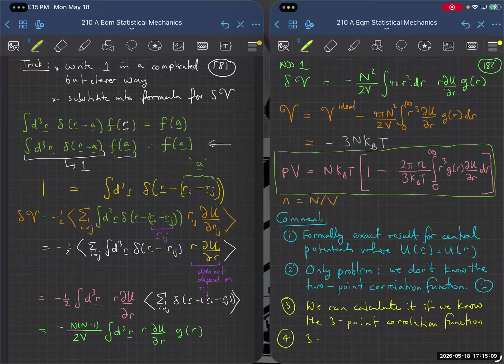But the 3-point correlation function can only be calculated from the 4-point correlation function, and so on ad infinitum.